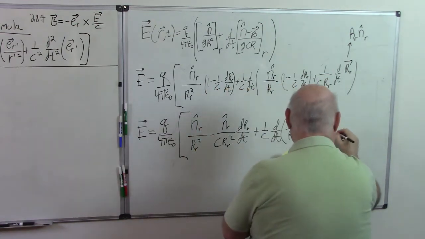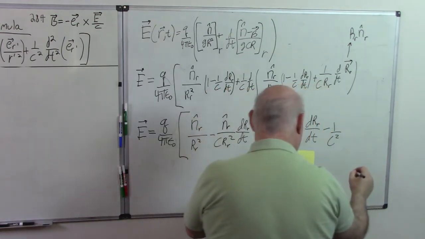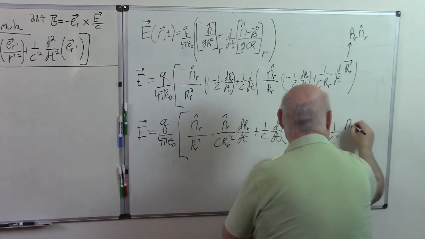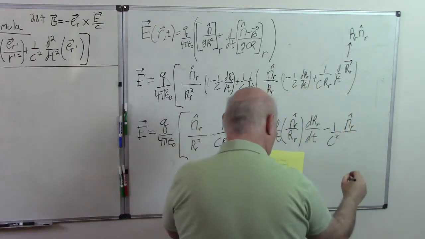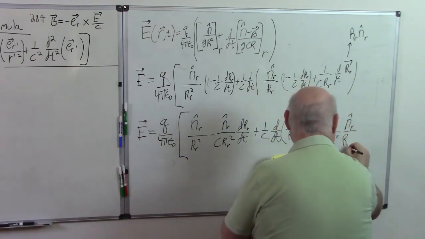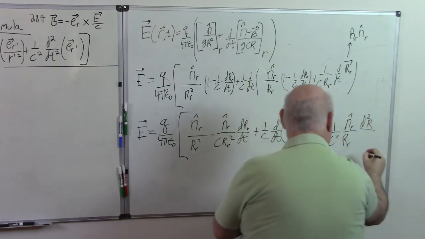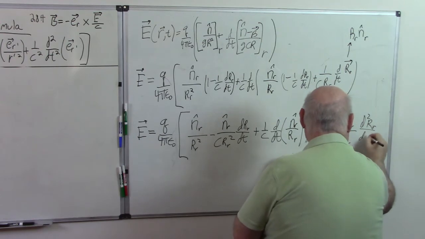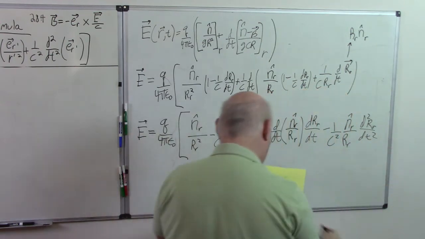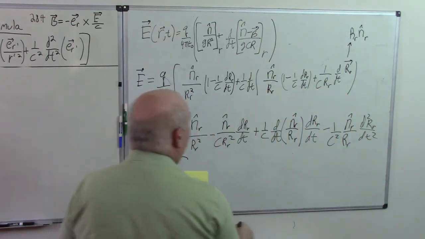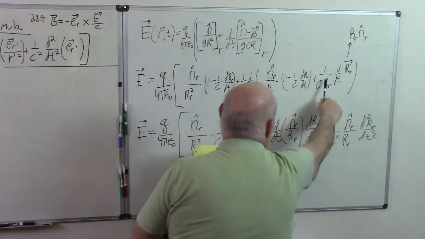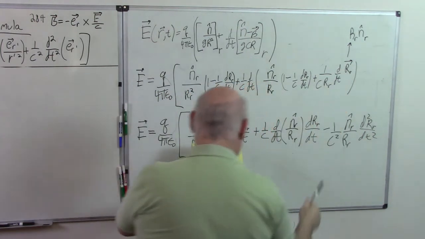Now I'm going to get another term from there, minus 1 over c squared. Okay, and now we have two more terms coming from taking the derivative of these two terms.